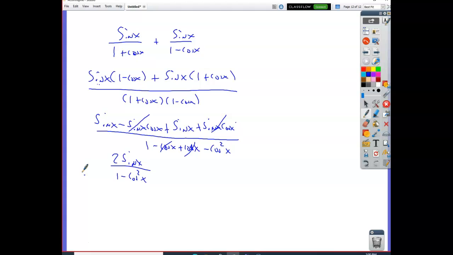How do you get rid of that cosine squared? Isn't 1 minus cosine squared x equal to sine squared x?